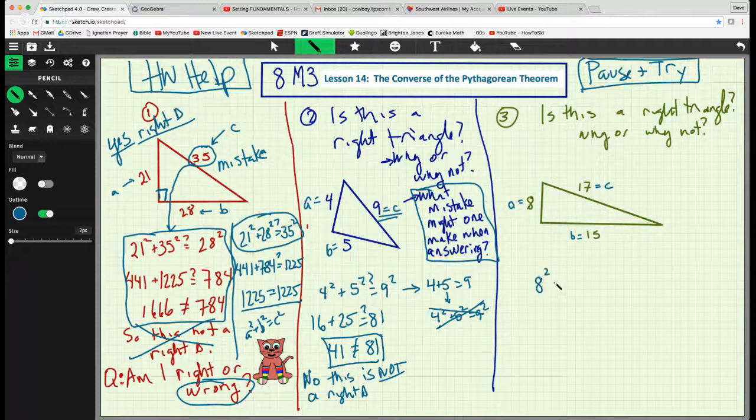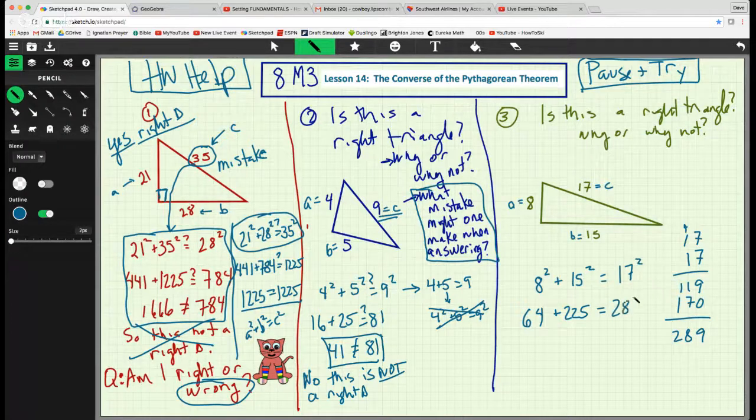So is 8 squared plus 15 squared equal to 17 squared? Well, I don't know. This is going to be a close one. Could go either way. 64 plus 225, does that equal 17 squared? I don't know that one, so let's do that one like this. 17 squared is 289.